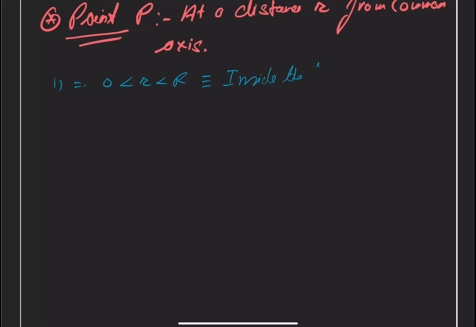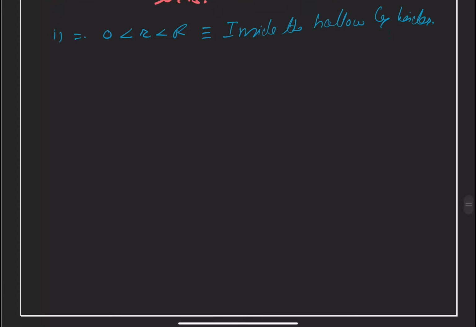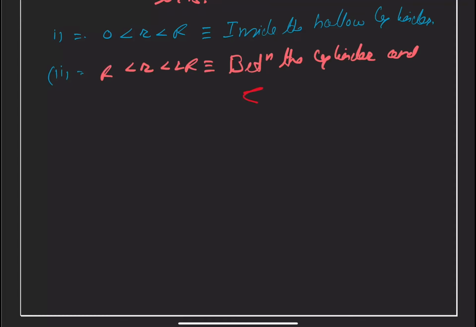Second, small r is greater than R but less than 2R. So this will be between the cylinder and the solenoid.